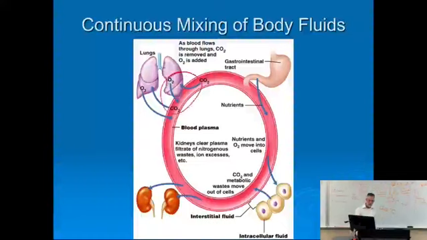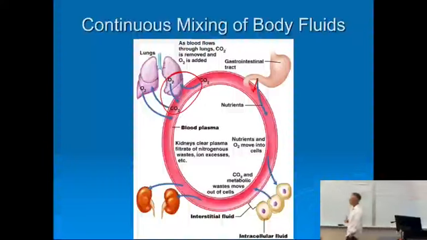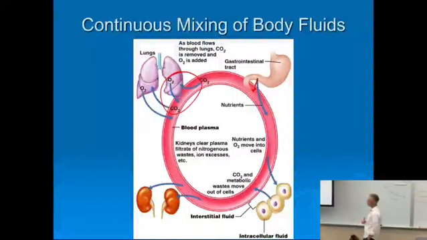So we saw respiratory gases and even water with the respiratory system. We know we do a lot of absorption in the gastrointestinal tract. And then the cells are constantly exchanging with the blood and the interstitial fluid. And then we know, like we just got done, the kidneys are also helping to regulate that blood and extracellular concentration and volume.